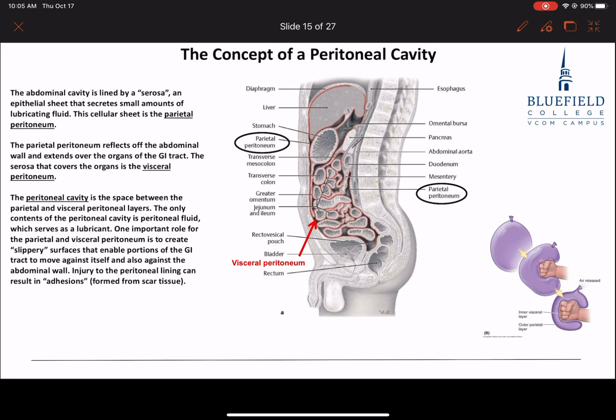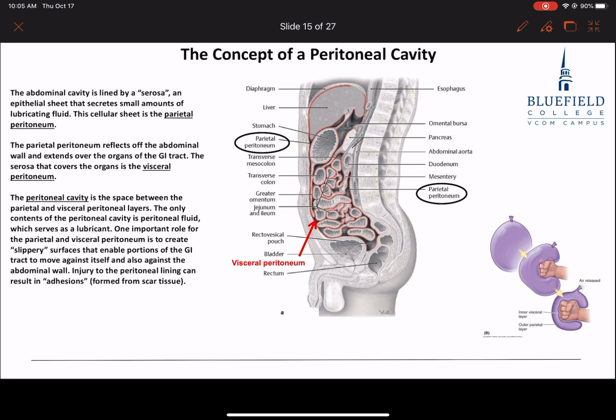But imagine all those coils going into the balloon. The part of the balloon touching the GI tract, all the coils, is visceral peritoneum, and then the visceral peritoneum would reflect off of the tube and become attached to the abdominal wall, and that's what we would call parietal peritoneum, okay?